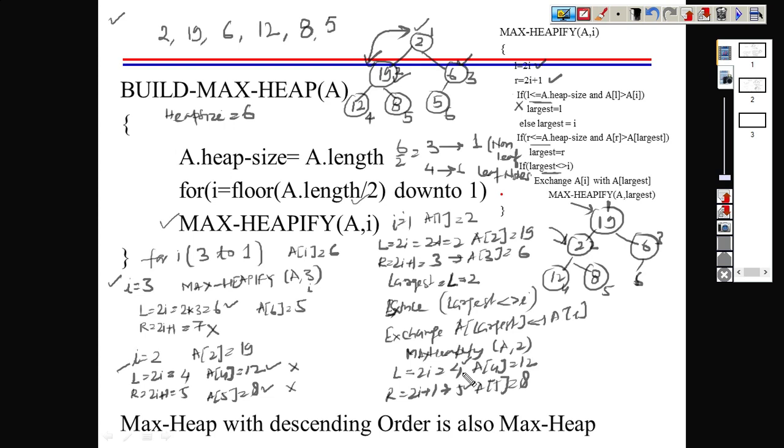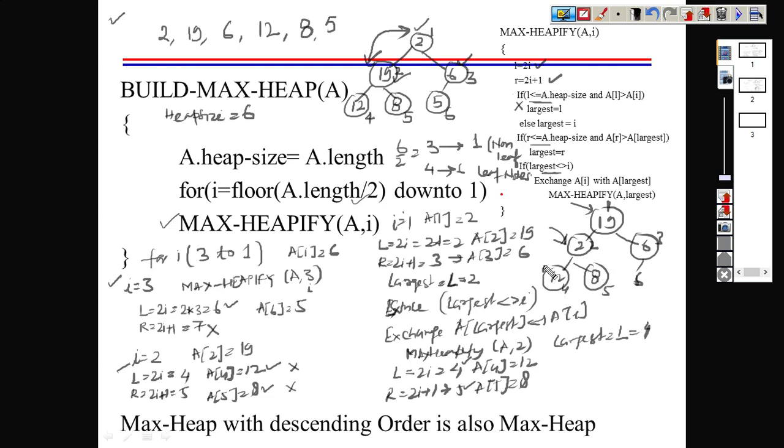Now here you will see that the left child exists and the value at the left node is more than the parent node, that means we will again set largest equals to the left child, which is index number 4, and then you will check the same condition with the right side, and you will find that the second condition is not satisfied, so you will skip that part, and then you have to exchange the left child with your parent.